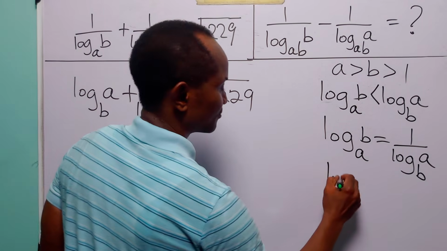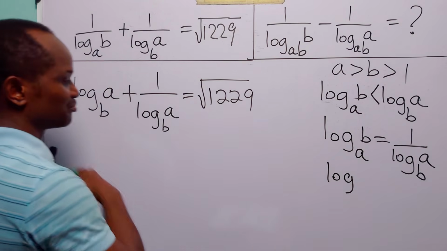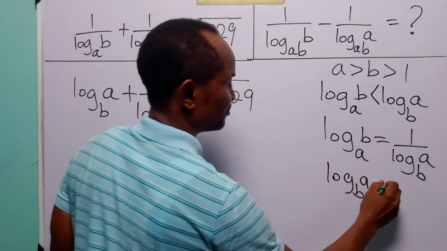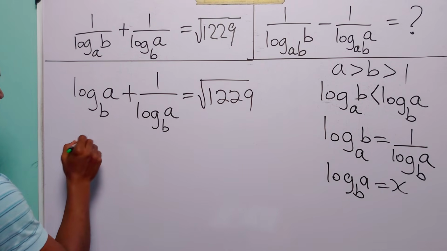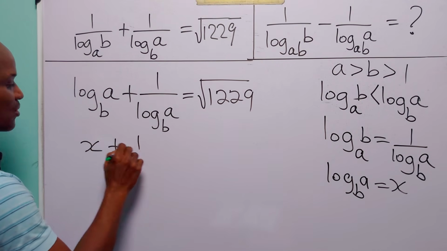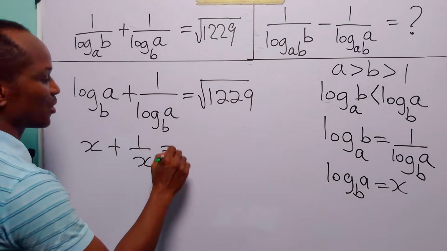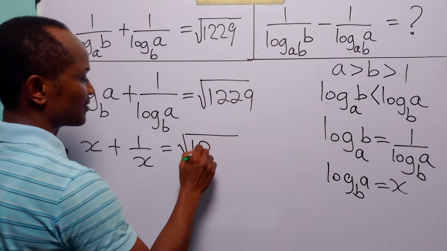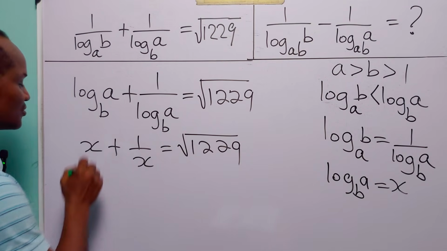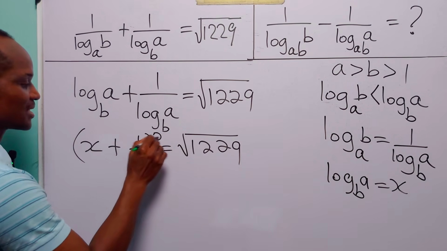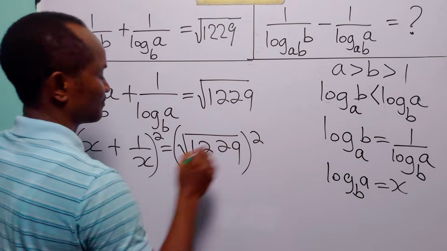Now, let log to base B of A be equal to the letter x. That means that we can write this equation as x plus 1 over x is equal to root 1229.